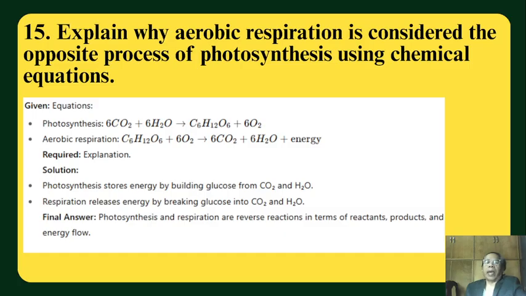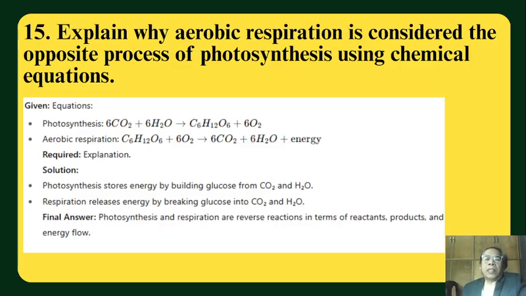Explain why aerobic respiration is considered the opposite process of photosynthesis using chemical equations. So we're given equations. Photosynthesis: 6 moles of carbon dioxide reacted with 6 moles of water to produce 1 mole of glucose and 6 moles of oxygen.